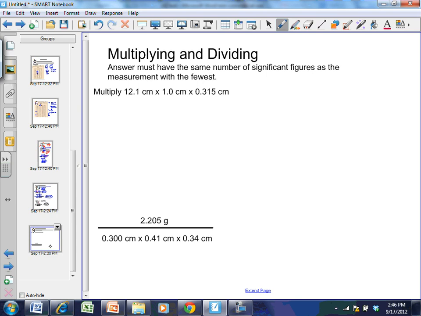So 12.1, all three of those are significant figures. 1.0, both of those are significant figures, so that has 2. And 0.315 has 3 significant figures. Since 1.0 has only 2 significant figures, I have to provide my answer to 2 significant figures. So I put these into my calculator, and I get 3.8115.